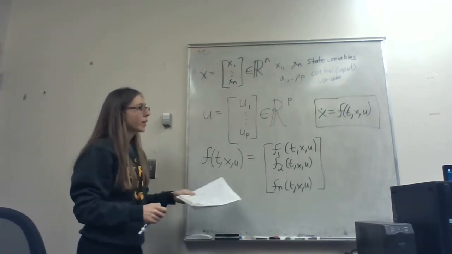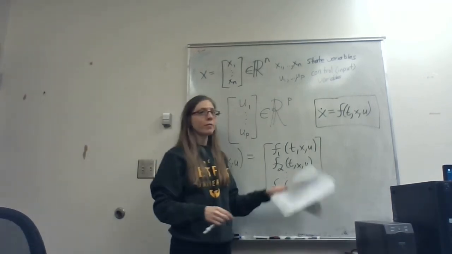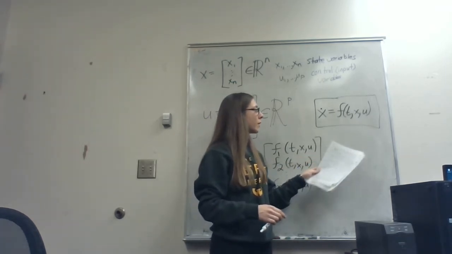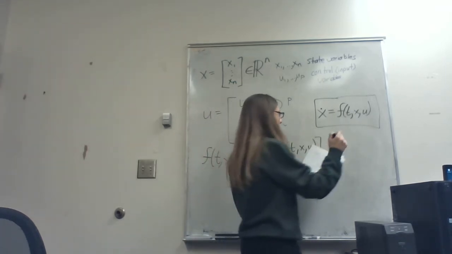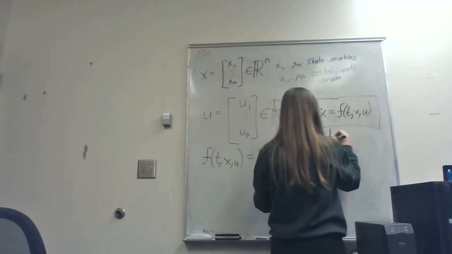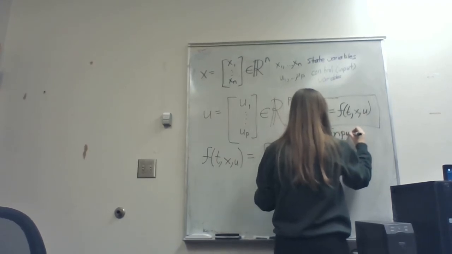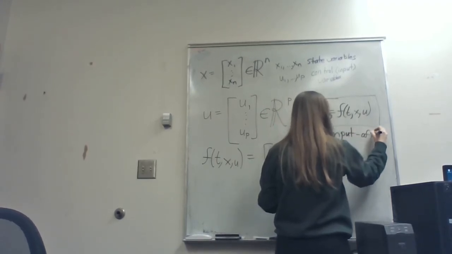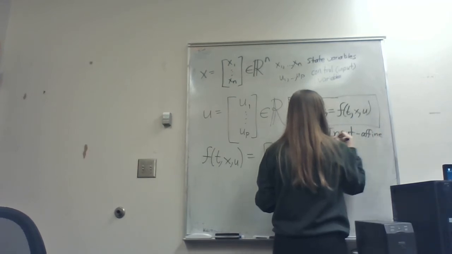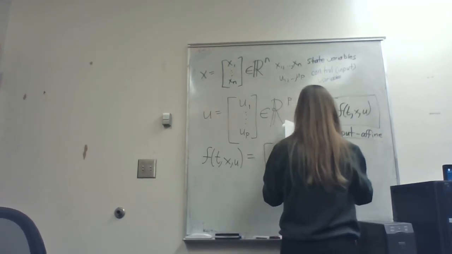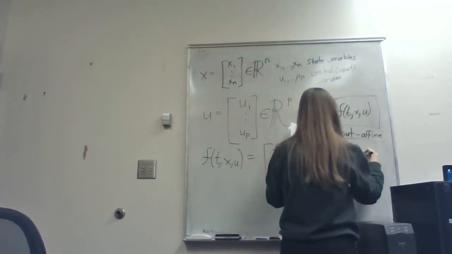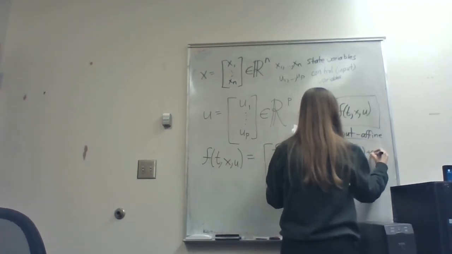So this is one class of nonlinear systems. We can also write another one, which is called input-affine. An input-affine class of nonlinear systems is x dot equals f of x plus g of x u.